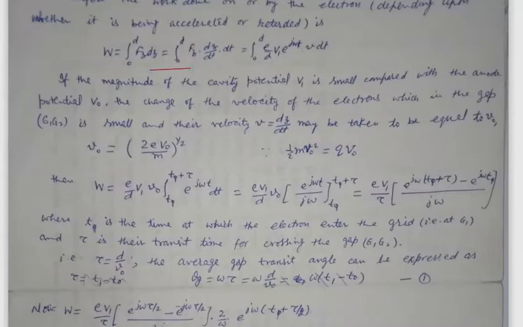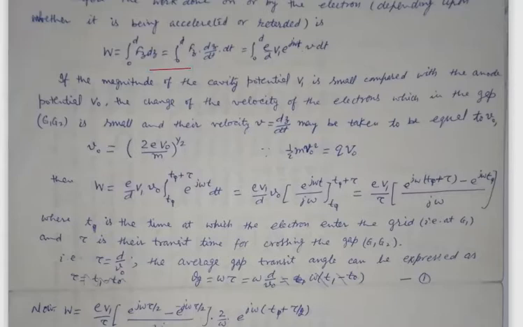Then W is given by e V1 over d into small v0 integral between t1 to t1 plus tau of e raised to the power j omega t into dt.